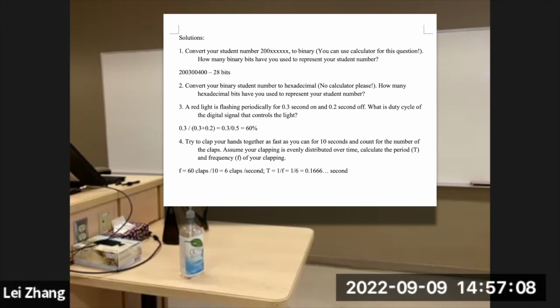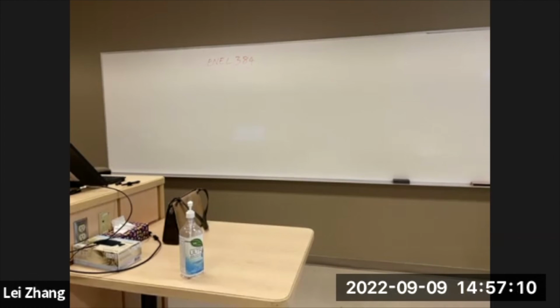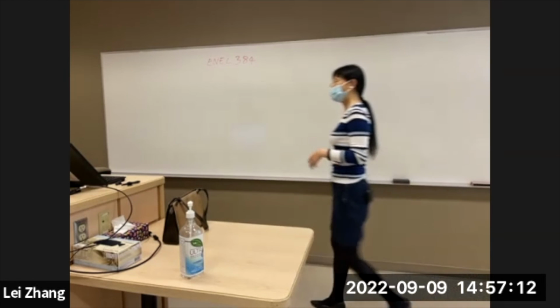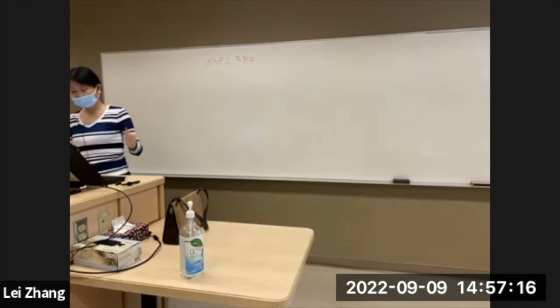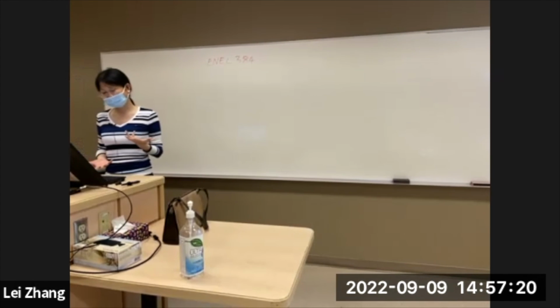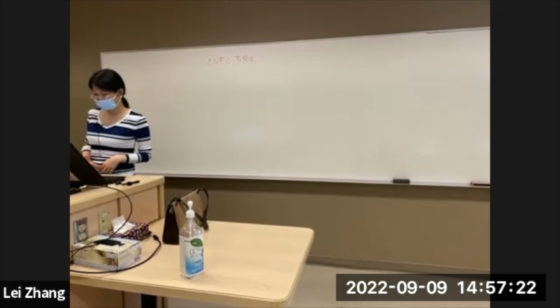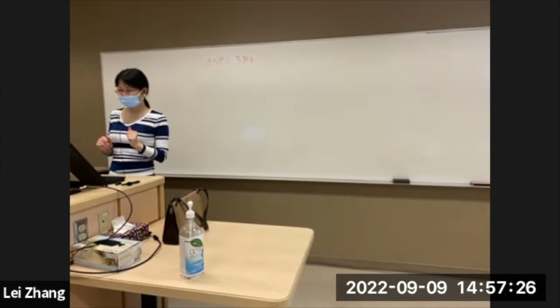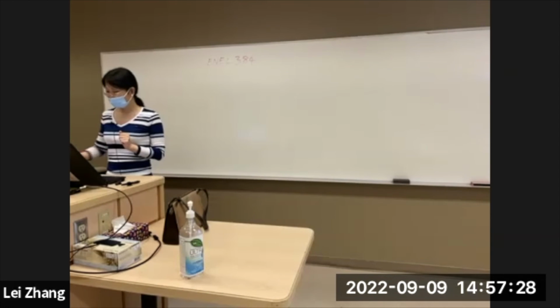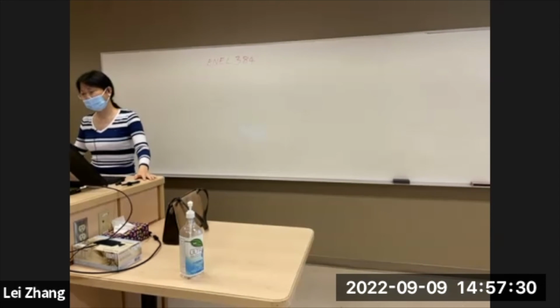This is an example. For your case, you have to count your claps and work out how many you got. Some of us are faster, some of us are slower, so that will be slightly different. Right, so let's move on with our chapter 2.